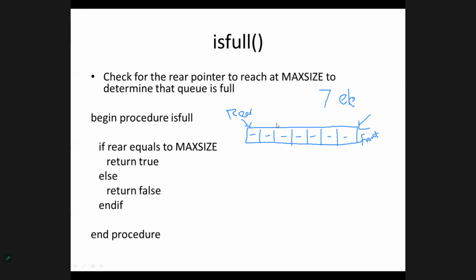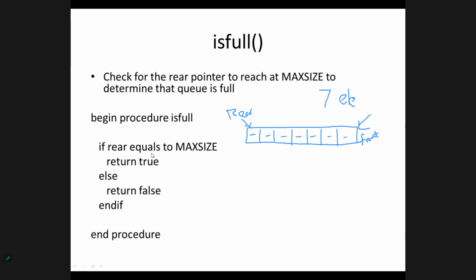In is full, we check whether the rear pointer reaches the max. So we are checking whether the rear reached the maximum size of the queue. Max size is the array size, to determine whether the queue is full. This is the algorithm. Begin procedure is full.